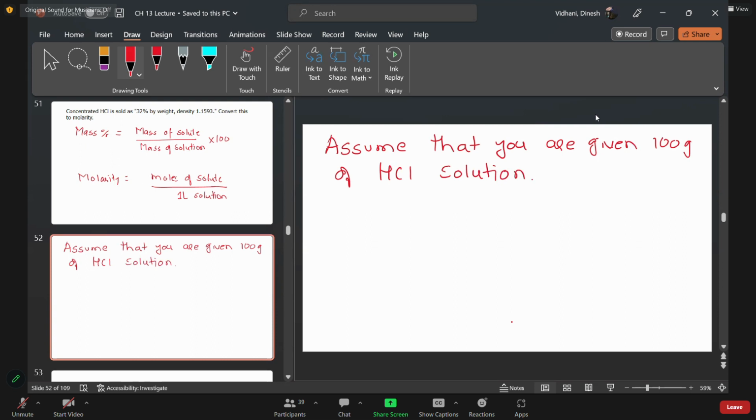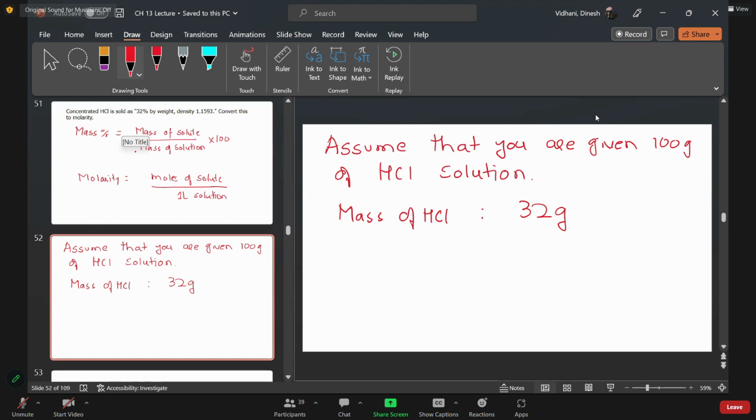That way, the mass of HCl in 100 grams is 32 grams. And I got that value from 32% because what exactly is 32%? It's the mass of solute divided by the mass of solution. If the mass of solution is 100 grams, that means the mass of solute is 32 grams. So you got that weight from there.